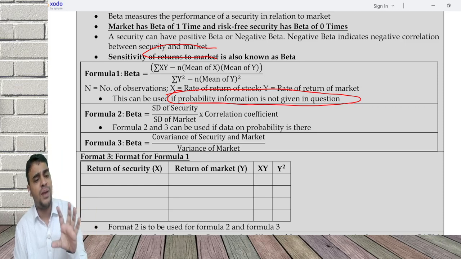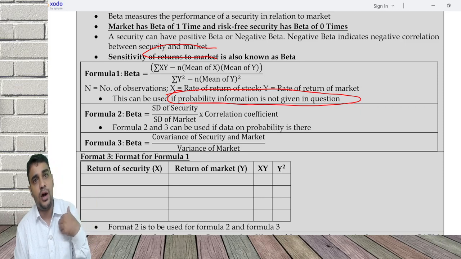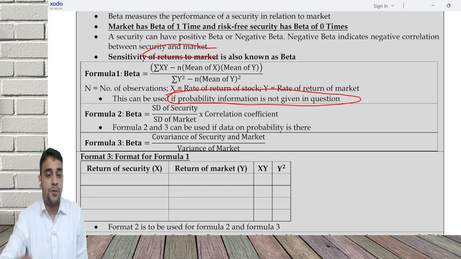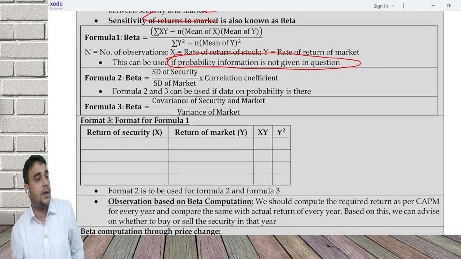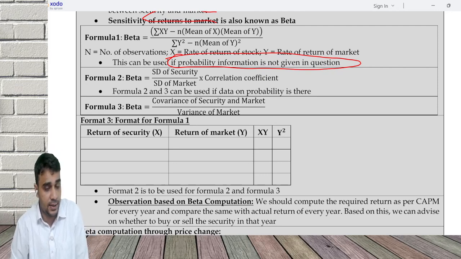So our format 2 is a comprehensive format for any question. In Excel, if you allow me, I'll do format 2 only for every problem because I don't take much time. But at your end, doing 10 column vis-a-vis a 4 column, you know the time saving which can be there. It is just because of that. Okay. So formula 2, SD of security by SD of market into correlation coefficient, covariance of security and market divided by variance of market.